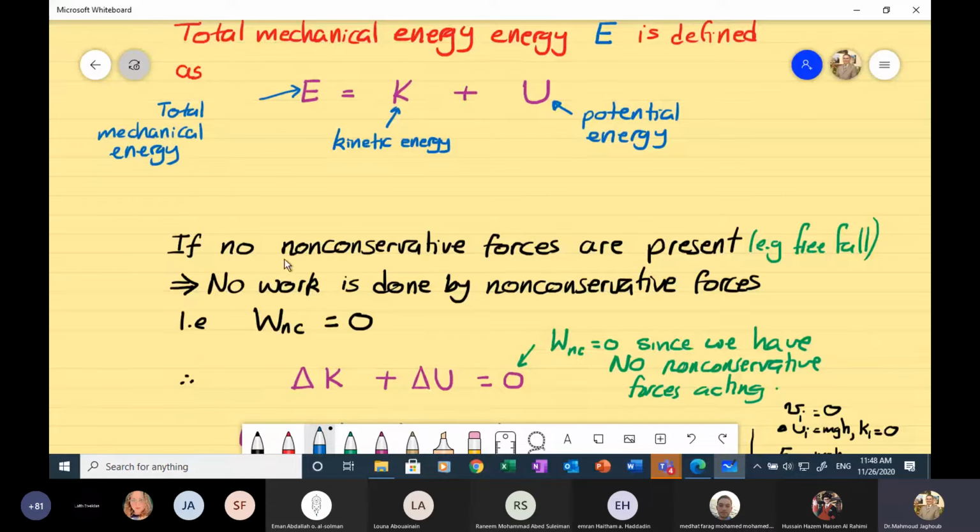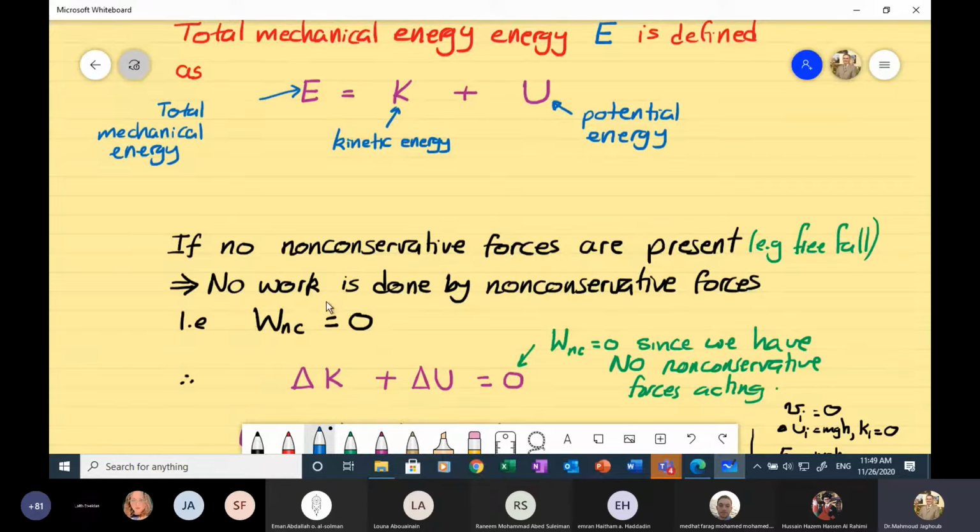Now, if no non-conservative forces are present, this means the work done by non-conservative forces equals zero. This is what it means, as simple as that. Then no work is done by non-conservative forces, and therefore W non-conservative equals zero. Why? Maybe you don't have non-conservative forces, or even if you had non-conservative forces, their work equals zero.